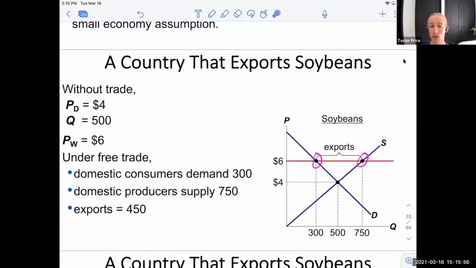Domestic consumers are going to consume 300 units of the good, and producers are going to produce 750. The difference is 450, so this country is going to export 450 units of the good.